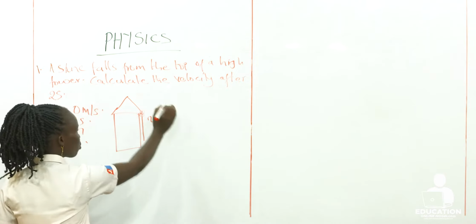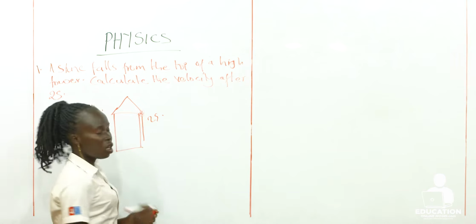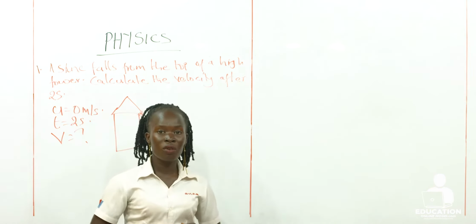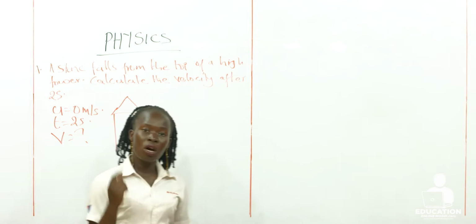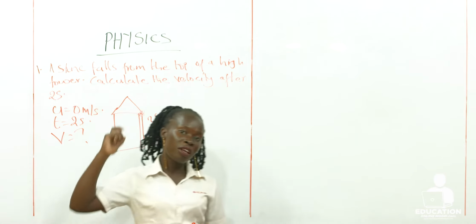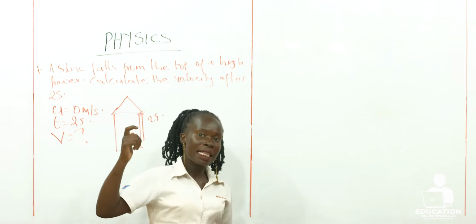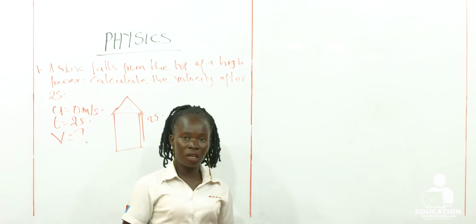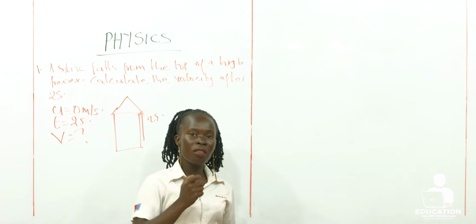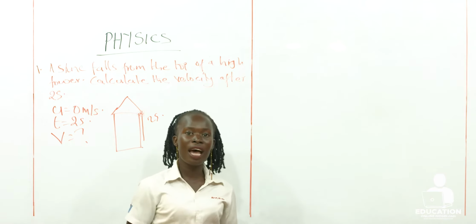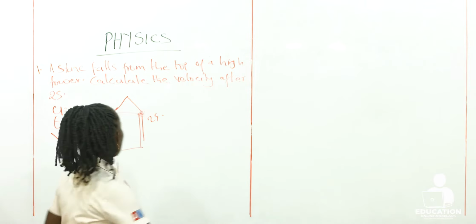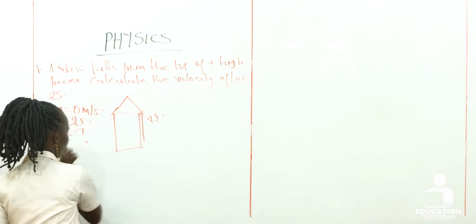Now for you to get this velocity, you need to know the acceleration. At what rate was the body accelerating? Because our body is falling from up, there is the action of gravity acting on this body. So this body is moving with an acceleration known as the acceleration due to gravity. So instead of having the a, we have our g.